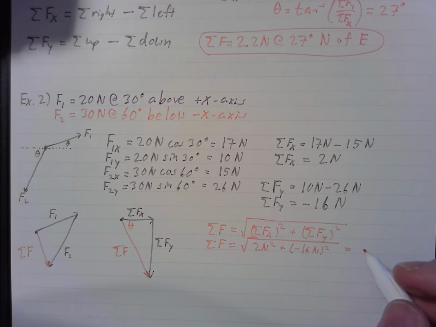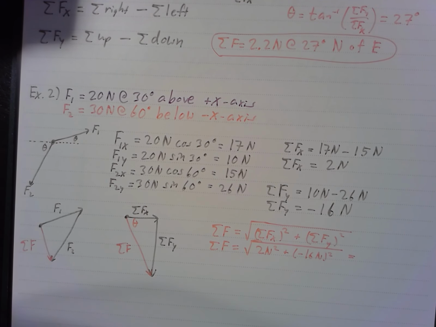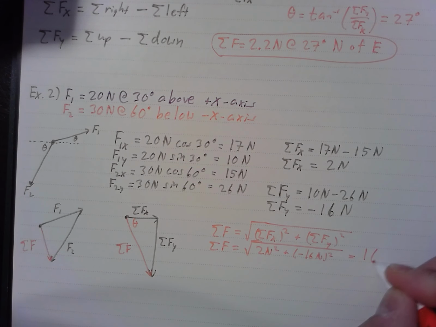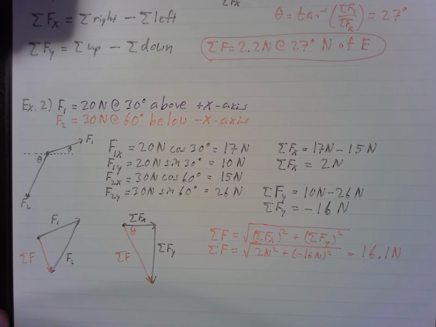And so my net force is, I think it actually just rounds to 16 newtons. Sorry, I did this calculation and didn't think about it. 2 squared plus 16 squared. Yeah, it's not very much larger than 16. So just to make it look different, it rounds to 16.1 newtons. Okay, so that's the net force. It mostly ends up being in the vertical direction.